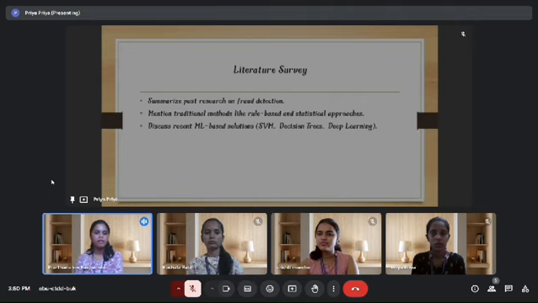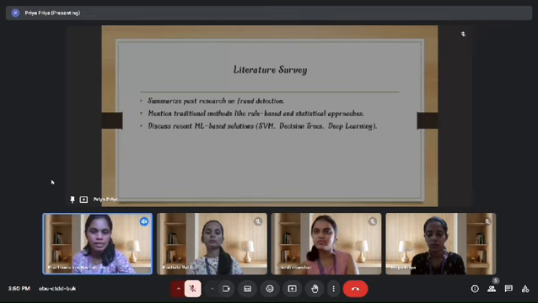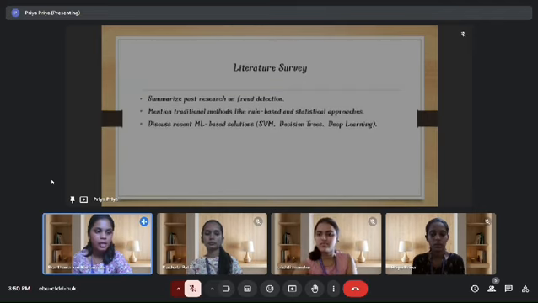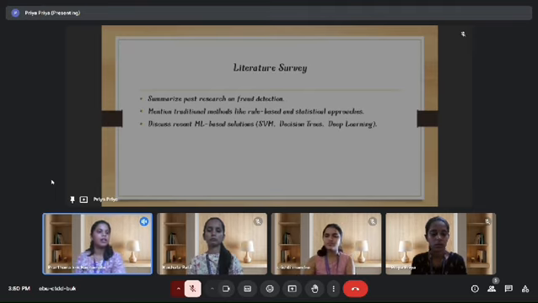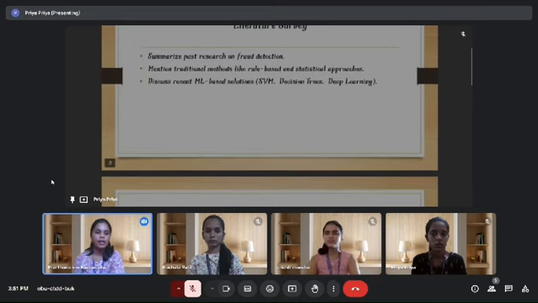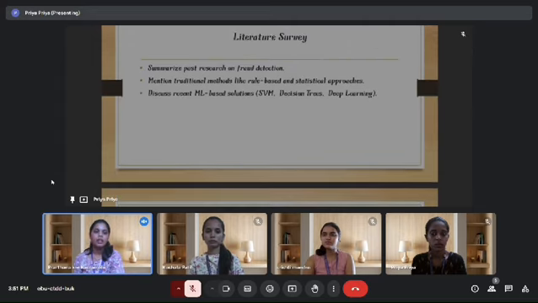Machine learning-based solutions: supervised learning, decision trees, random forest, SVM, neural networks, and unsupervised learning, clustering, isolation forest, and deep learning approaches like CNNs for sequential transactional analysis. Recent research insights: advances in AI and big data analytics, hybrid models combining ML-based techniques.